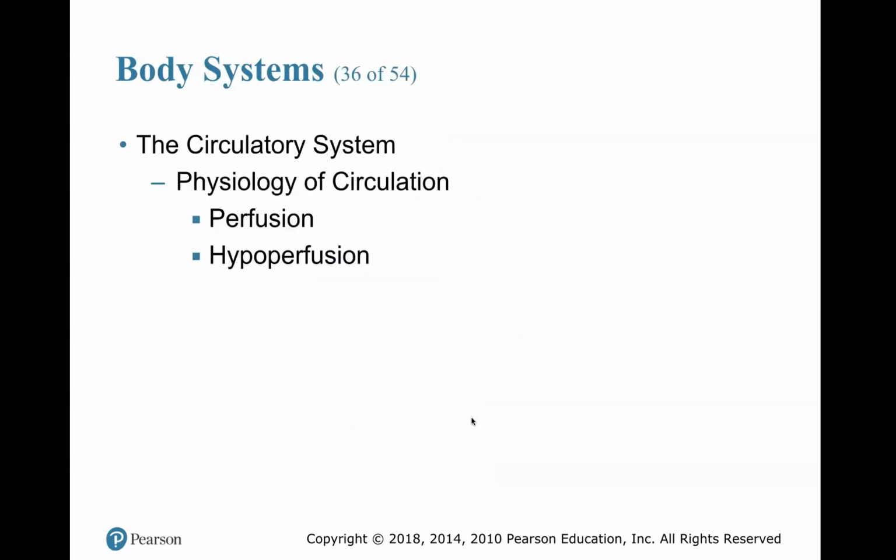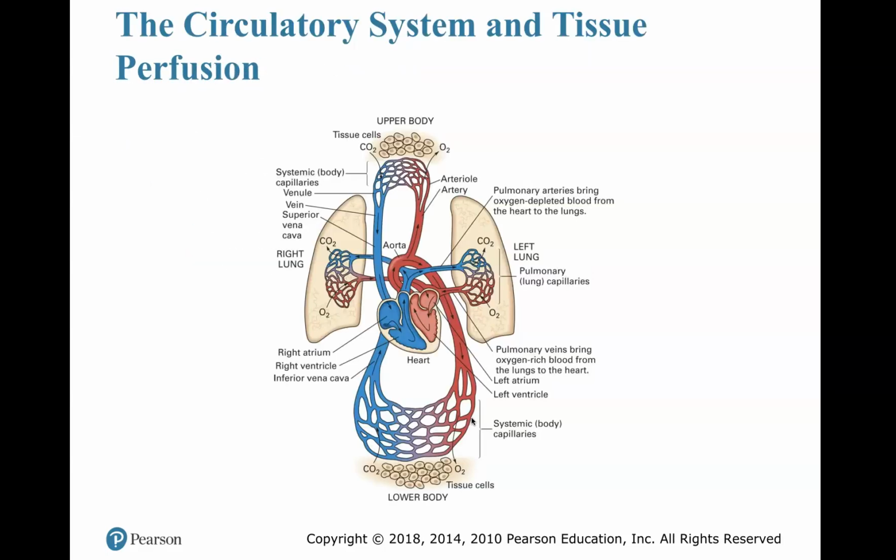Okay, perfusion is blood going round and round, oxygenated blood giving the nutrients and oxygen the body needs to the cells. That is perfusion, and then taking the waste from the cells and bringing it back to the heart and lungs to get rid of it, and bringing it to the liver and the kidneys and all those organs that process waste.